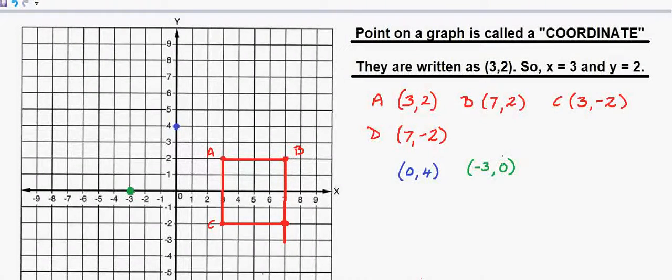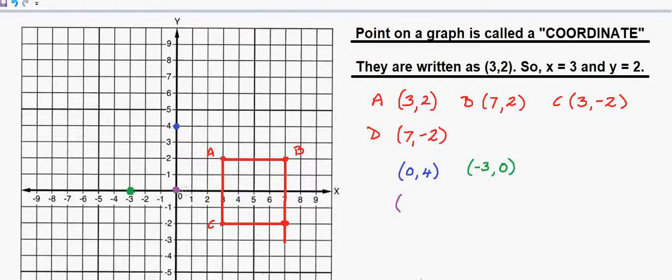Okay, now choose another colour. If we have a point right in the middle here, and they say what's the coordinate? Okay, so we open up our bracket.